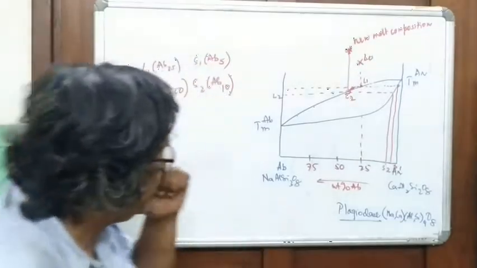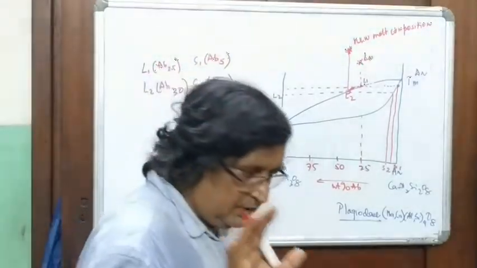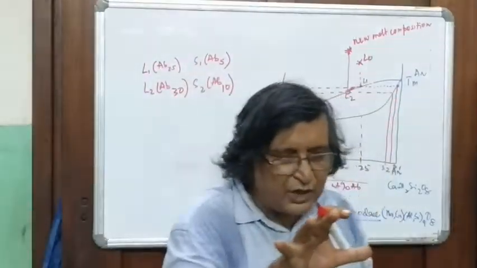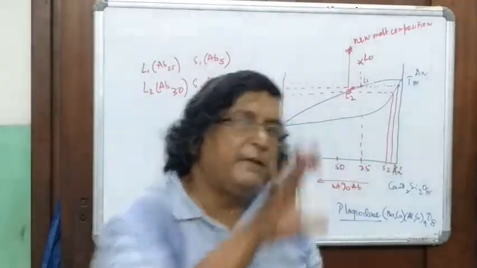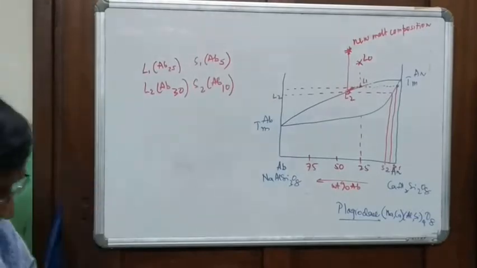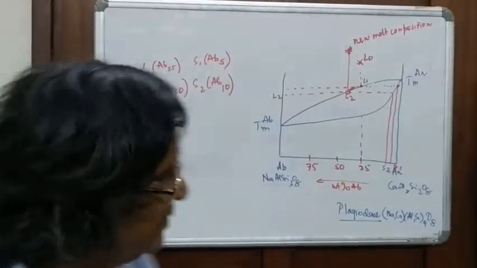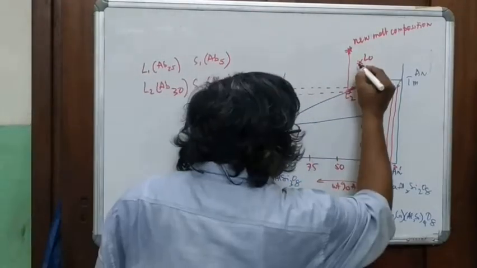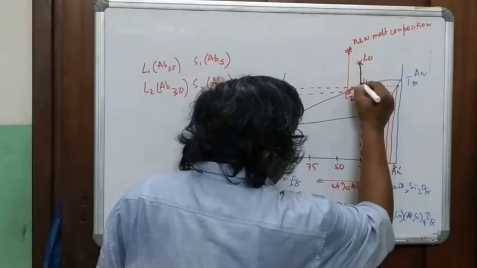Yeah, that's the point. Say, for example, at this point, from fractional crystallization, we go back to equilibrium crystallization that I told you. Let's say, I will try to draw it in a different pen if possible. Say this was our initial L0.